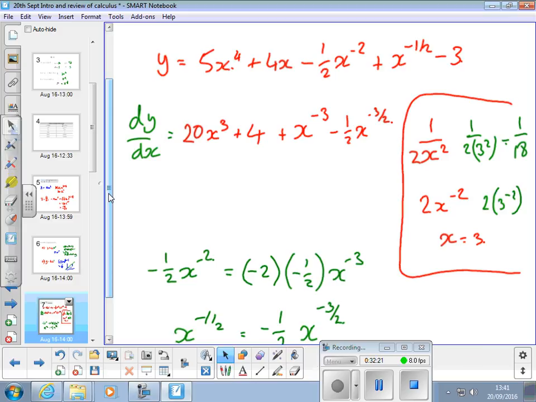Is there any way we can make that a little bit tidier, back to what it was in the first place? We can't do anything with the 20x cubed. We've got our plus 4. What will we do with the x cubed, Josh? 1 over x cubed, minus, any ideas?